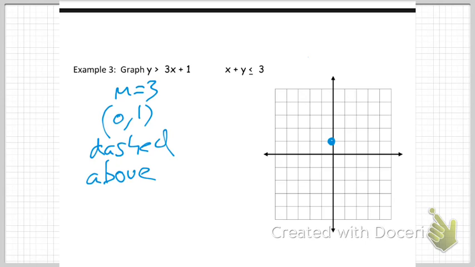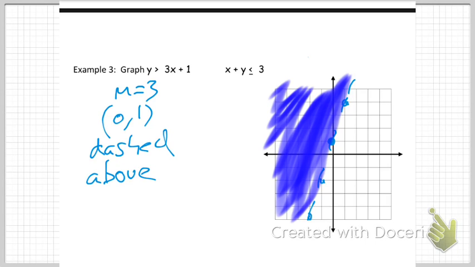I'm going to go up 3, right 1. And I'm going to have a dashed line. And with this, I will shade below. Nope, above, sorry. I'm going to shade above. I'm glad I double checked that.